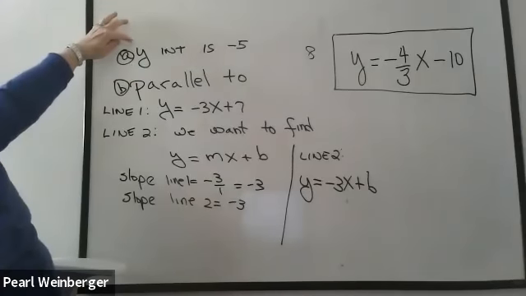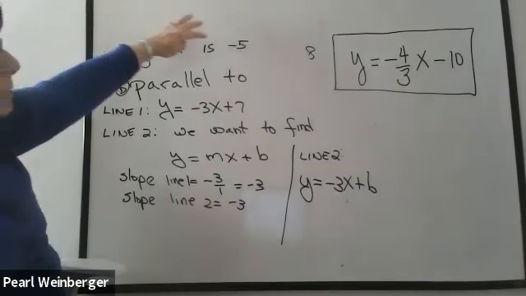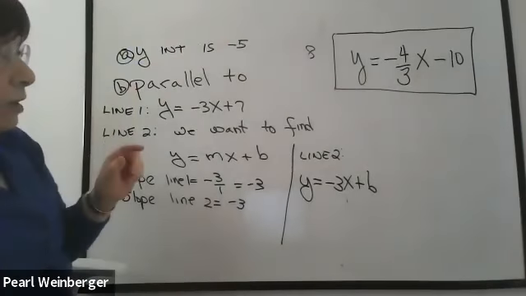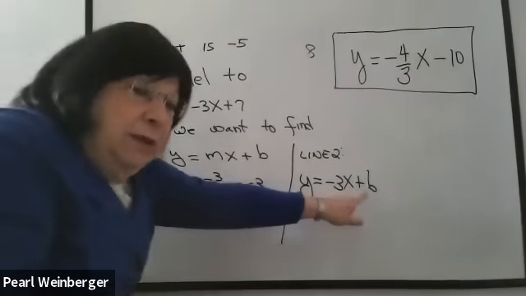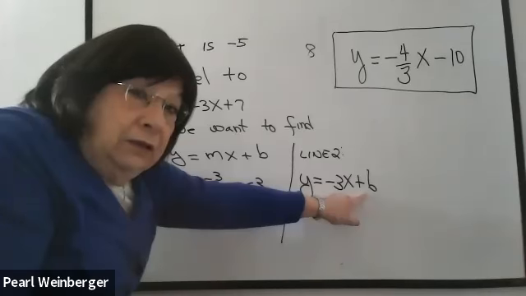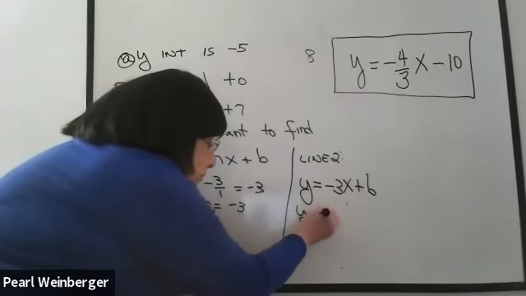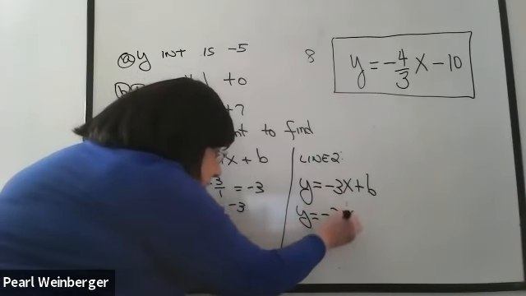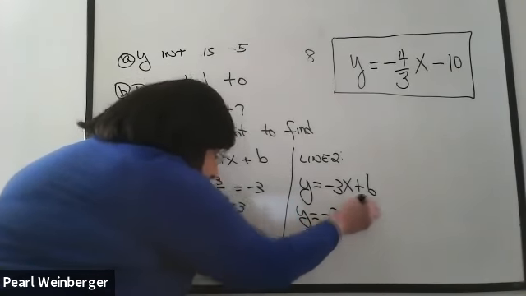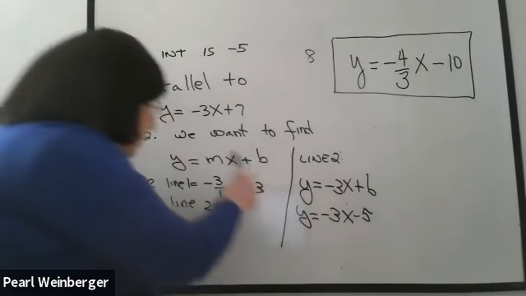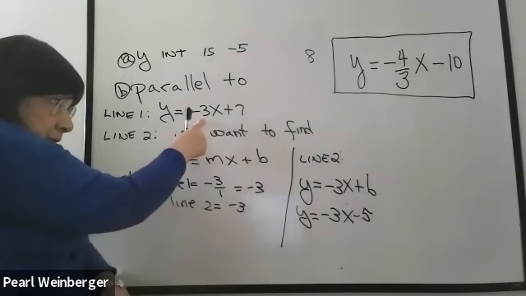So I go back, wait a second, they told me that in my new line, the y-intercept is going to be -5. So that means that my b, they already tell me what the b is. The b is -5. So my equation then becomes y equals -3x minus 5. The -3 in front of the x is telling me that it's parallel to this line.